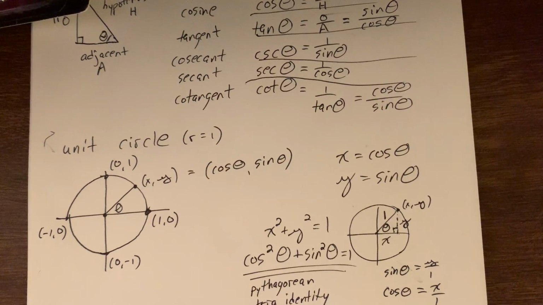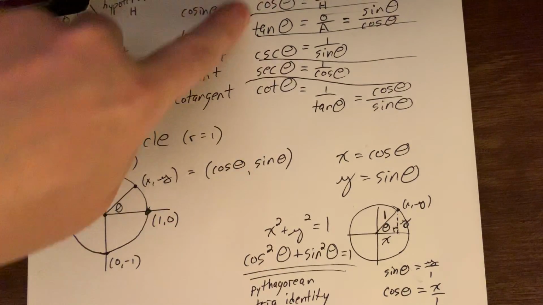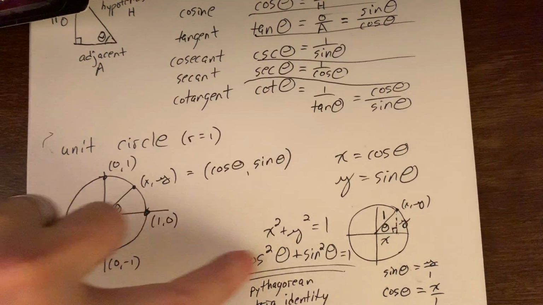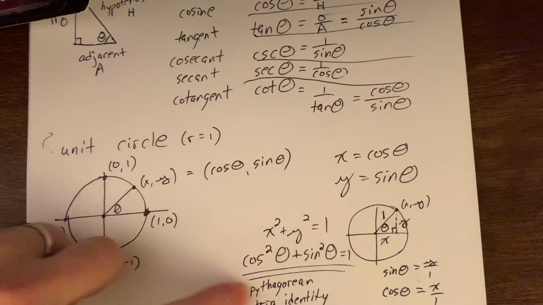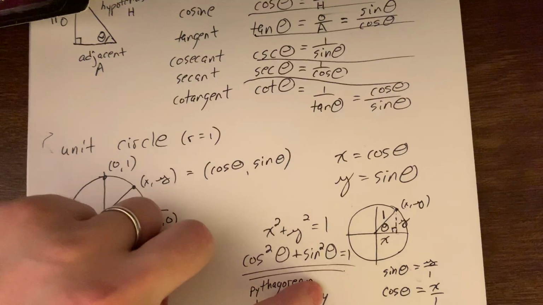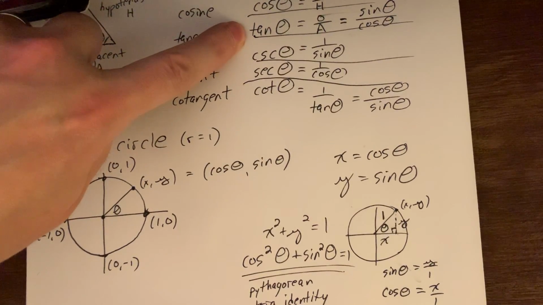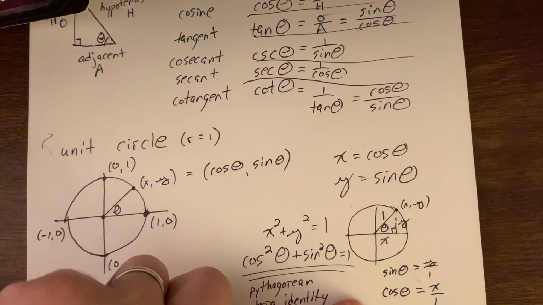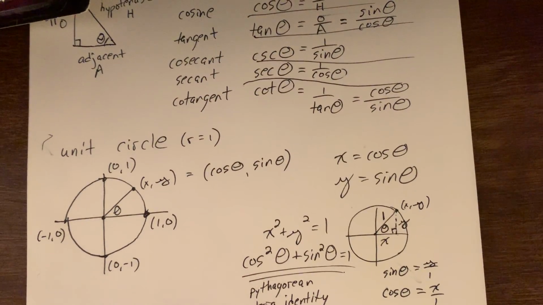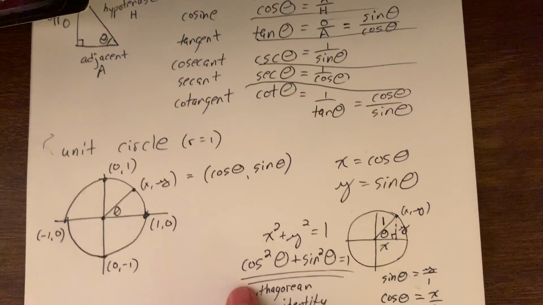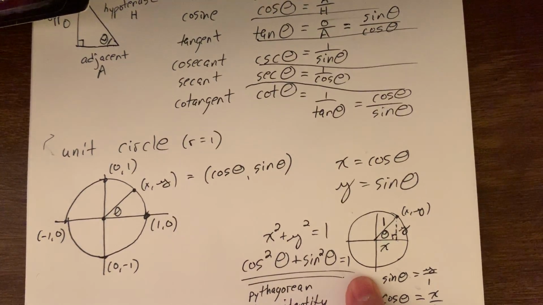There are a lot more. I could start playing games with the definitions up here. Divide everything by cosine squared. Well, cosine squared divided by cosine squared is 1. Sine squared divided by cosine squared is tangent squared. 1 divided by cosine squared is secant squared. That would be a whole new identity that started with this one: 1 plus tan squared equals secant squared.